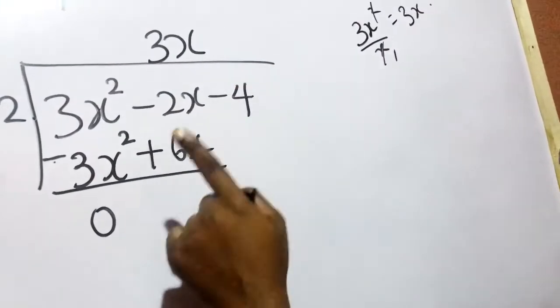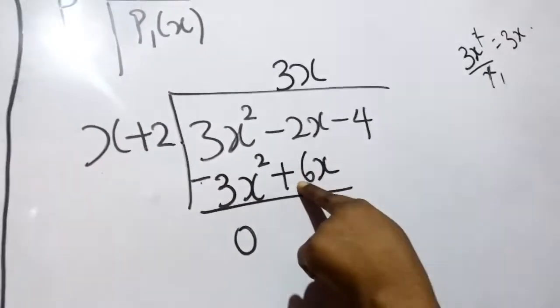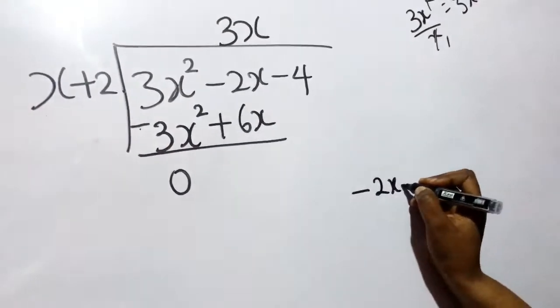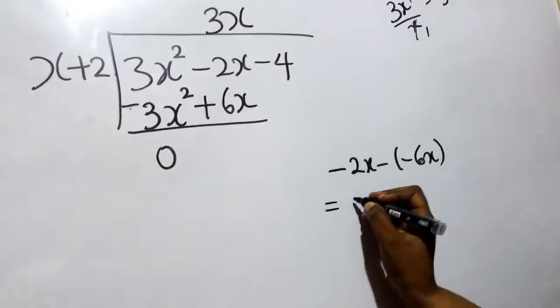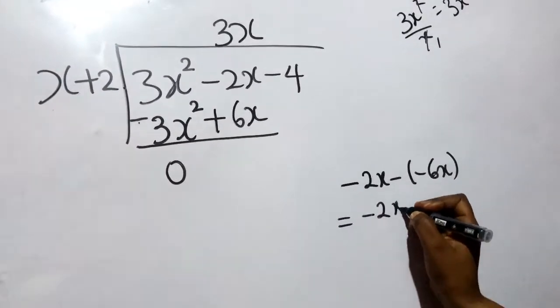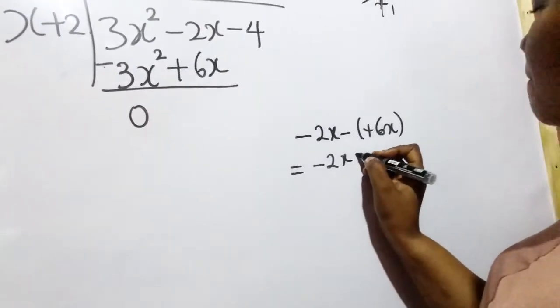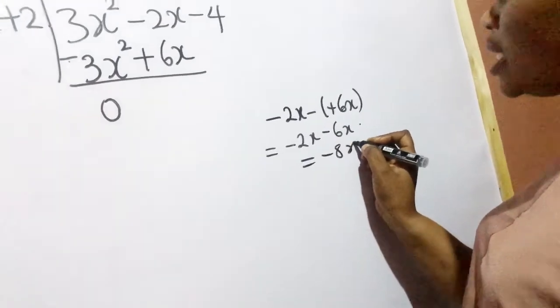Minus 2x minus plus 6x. It's the same thing as minus 2x minus 6x, which is equal to minus 8x.